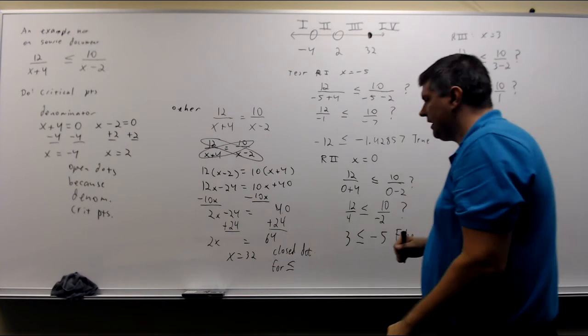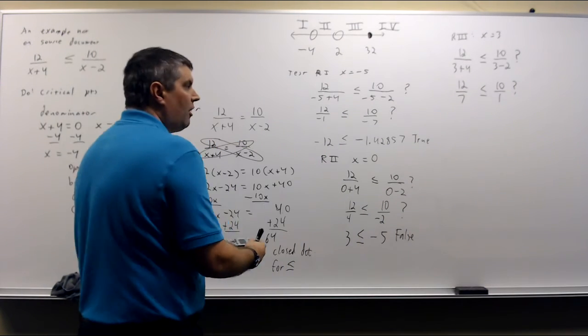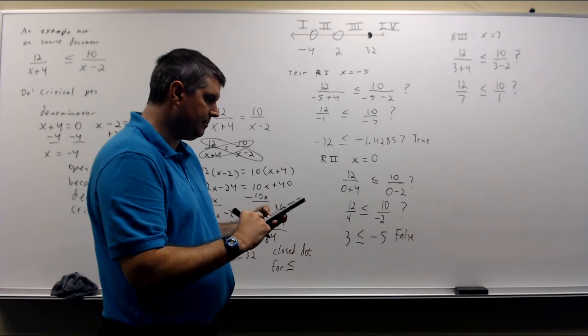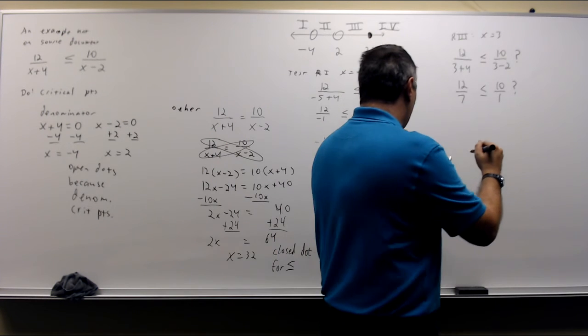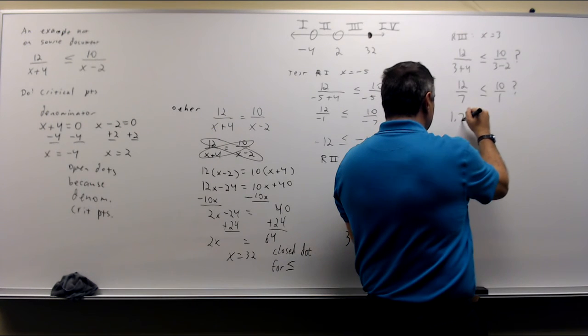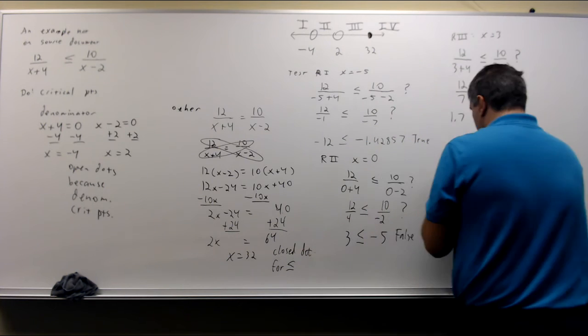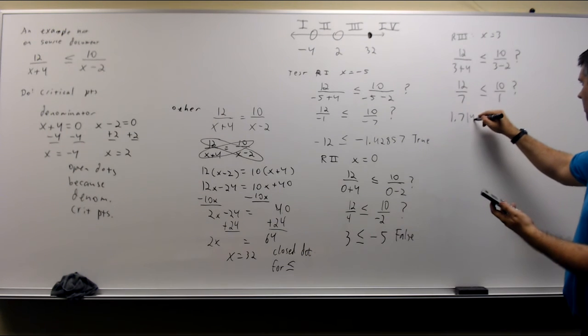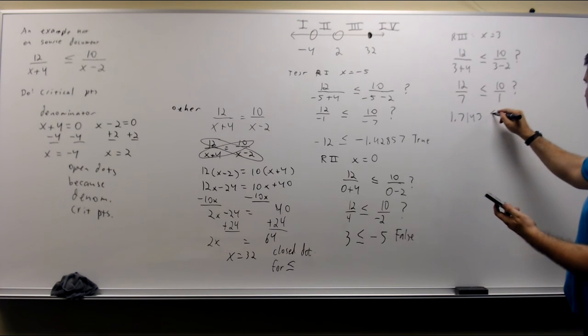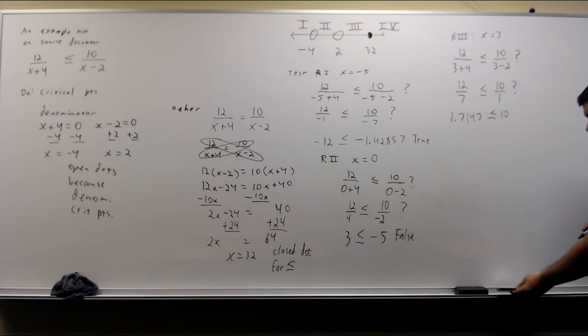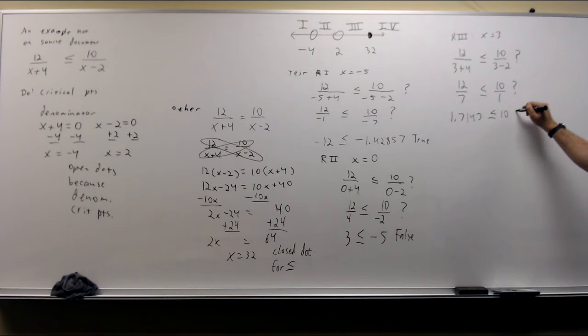So if it's not clear enough already, I'll do 12 divided by 7, and that's approximately 1.7143, and that's 10. Well, that's true.